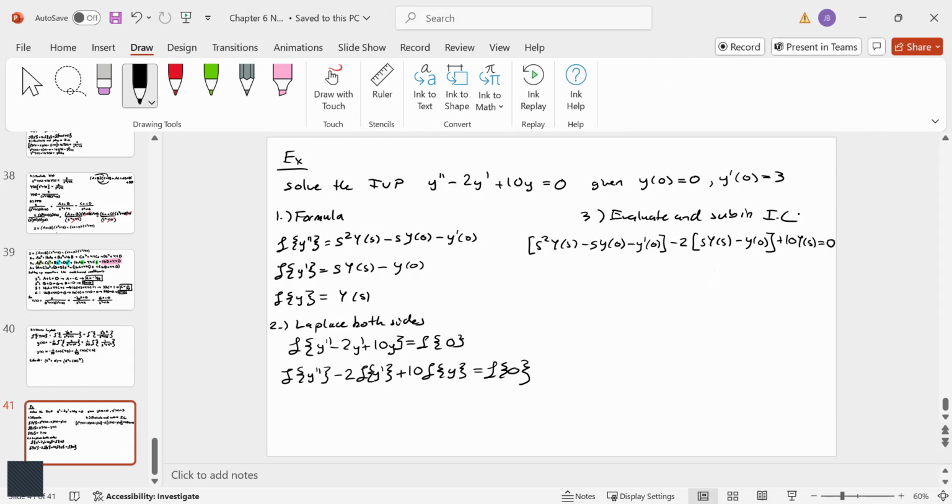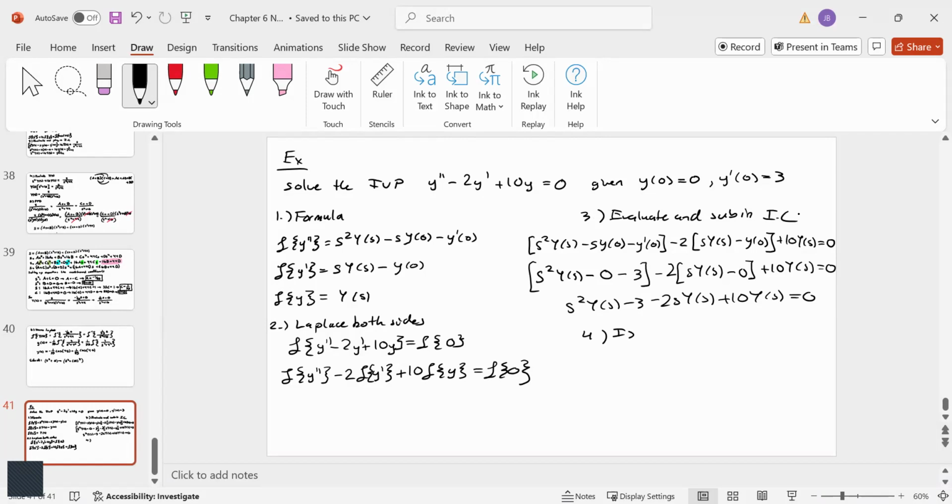And then if I plug in the numbers, I get s squared y of s minus 0 minus 3 minus 2 s y of s minus 0 plus 10y of s equals 0. So then we get s squared y of s minus 3 minus 2s y of s plus 10y of s equals 0.